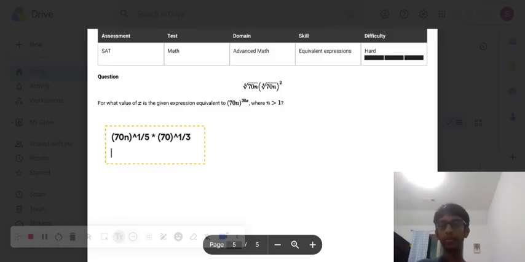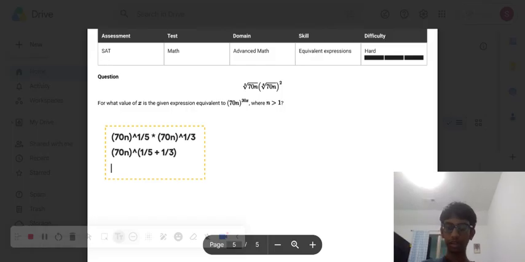Now, when we have this sort of situation, we just use the product rule of exponents. Since they have the same base, 70n, we can just add up the exponents, and we'll get 70n to the 1 over 5 plus 1 over 3.